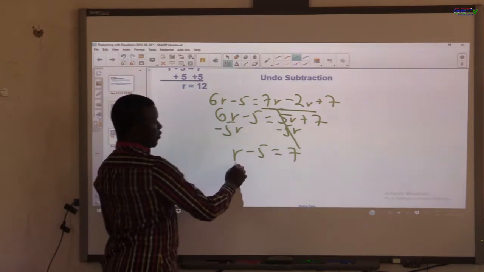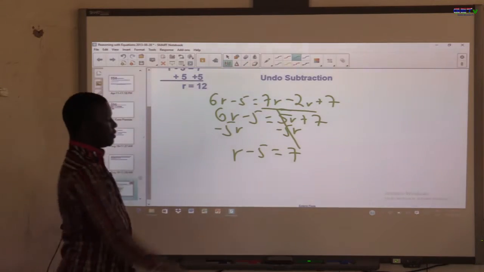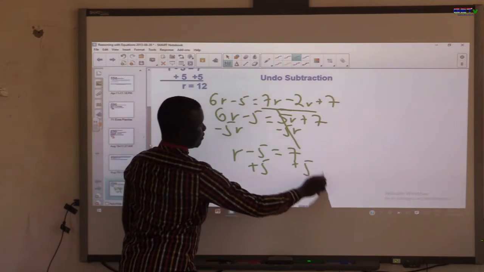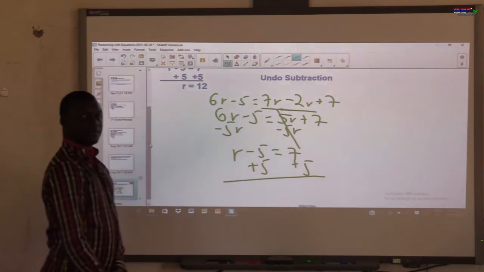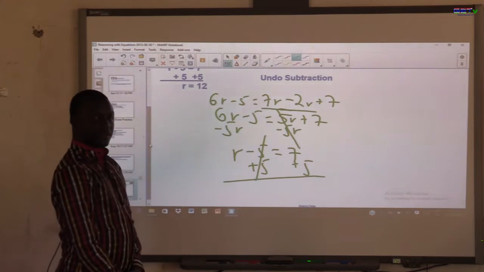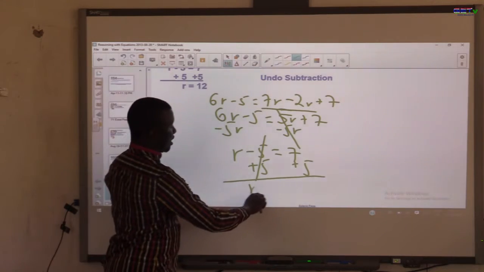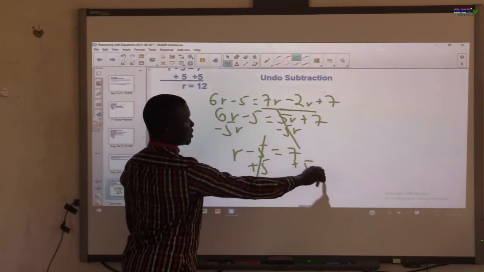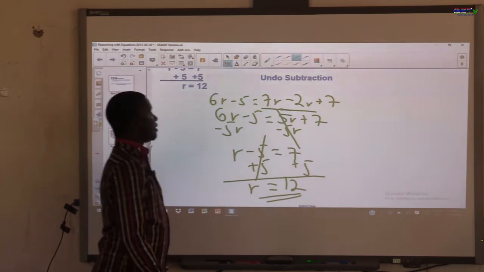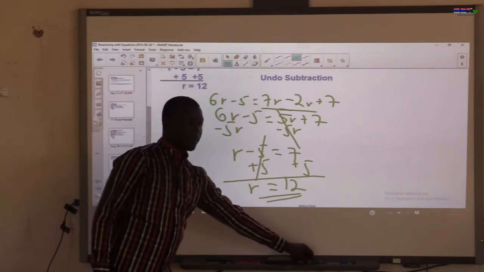Again, we need to isolate our variable, so we add 5 onto both sides. Negative 5 plus 5 is 0. We have r equals 7 plus 5, which is 12. The value of r here is 12.